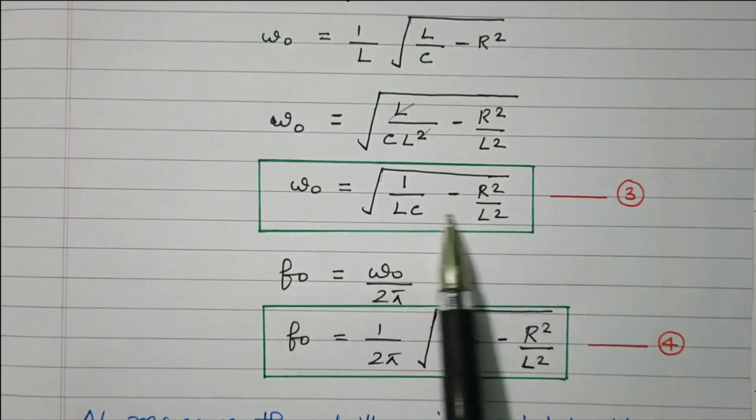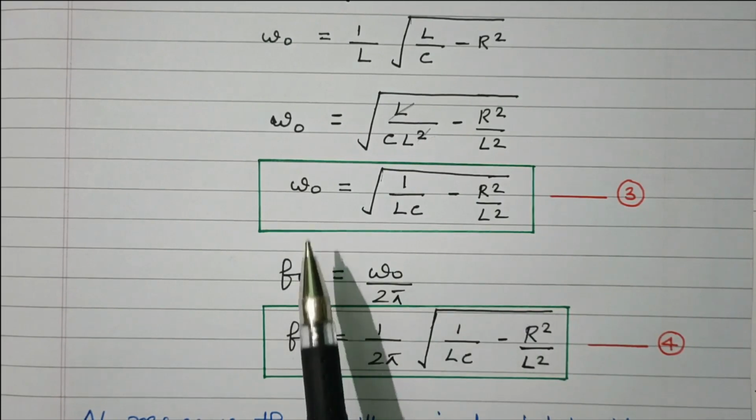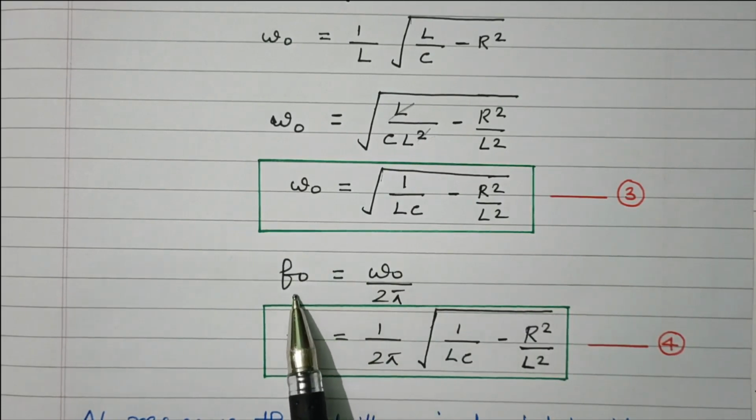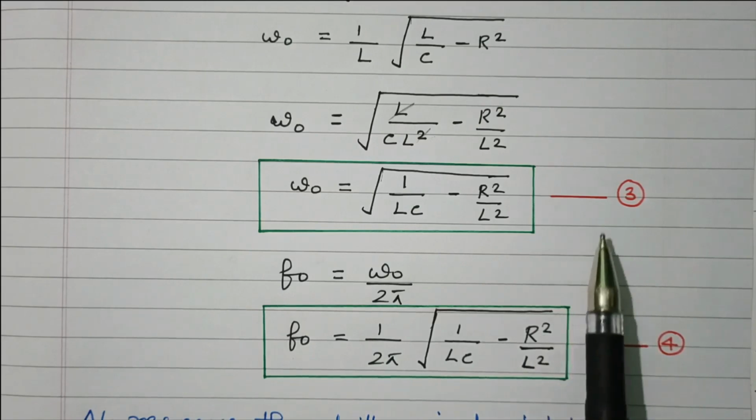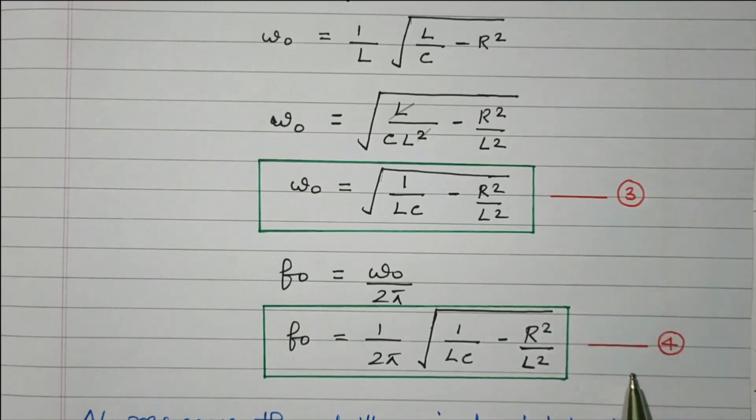So this is the resonant frequency in radians per second. In cycles per second, f naught equals omega naught divided by 2 pi. So f naught equals 1 divided by 2 pi square root of 1 divided by LC minus R square by L square. These are equation number 3 and equation number 4.